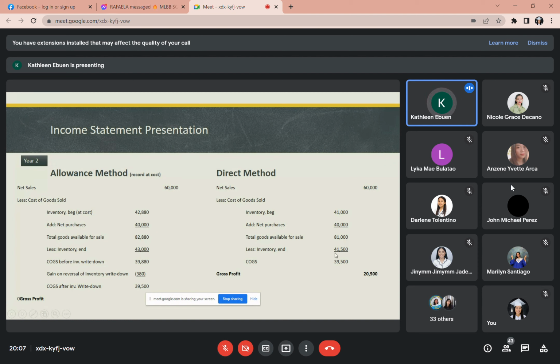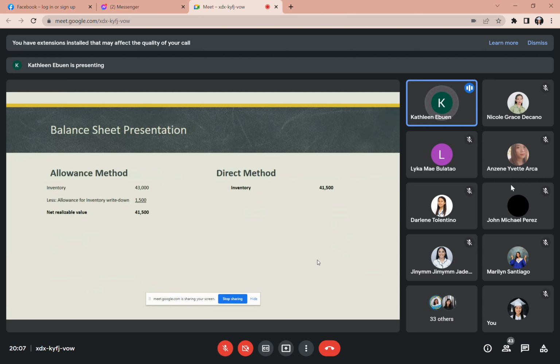So, yung 24,000 for the markers, and for the pens naman is 17,500, a total of 41,500. Kasi kinuha na natin si LCNRV. Therefore, ang cost of goods sold natin is 39,500. We have a gross profit of 20,500. So, pareho lang class ang makukuha nating cost of goods sold at saka gross profit.